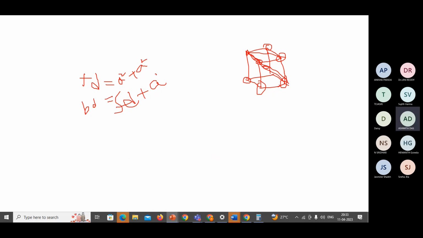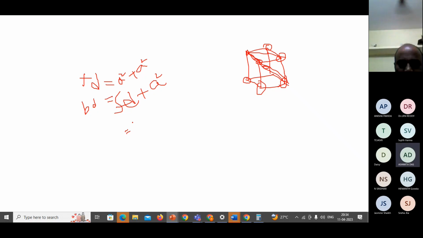So what will be the body diagonal value with respect to a?